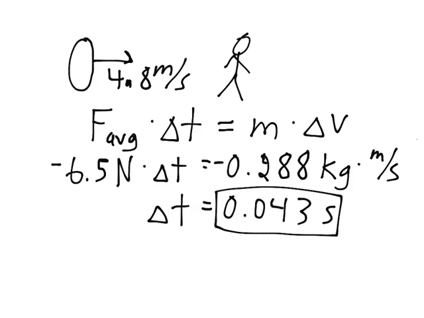So you could use from the previous part the negative 0.288 kilograms meters per second. And then it's just the left-hand side that is changing. And so you can solve for delta t. You should have gotten that time is 0.043 seconds, which is the time needed to stop the egg with the force required.